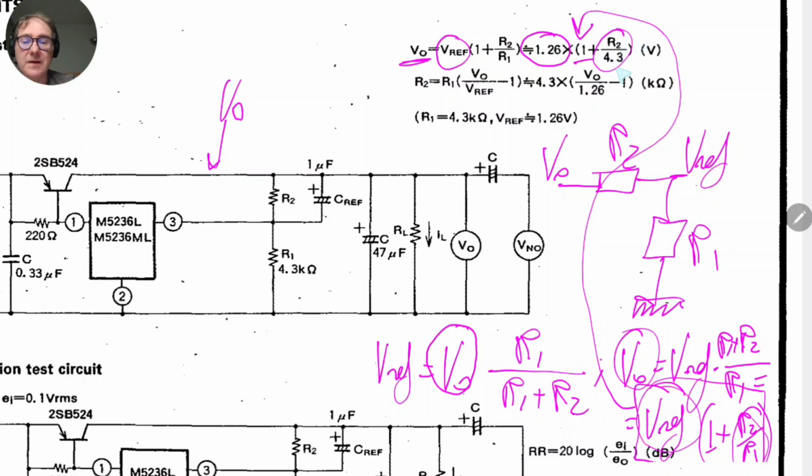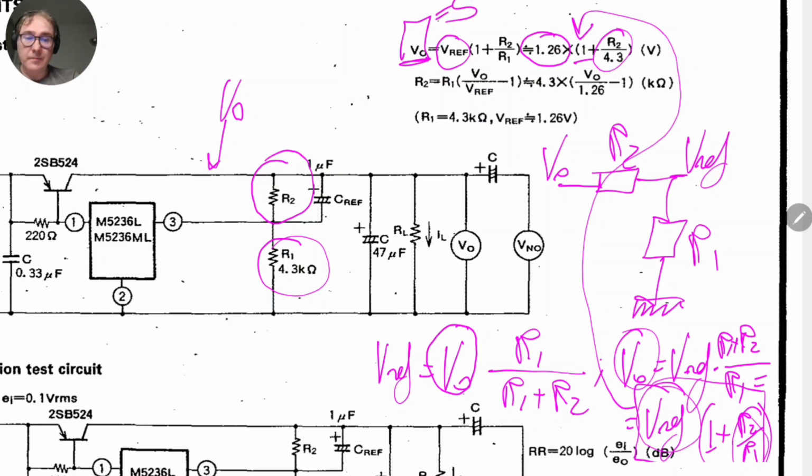Here they are fixing R1 to this value. It is a reference value. You can change it, no problem. I mean, if it's set to 4.3K in the datasheet, you can use the same value to be safe. And what you configure is the value of R2 to get your value of output. This should be our 5 volts.